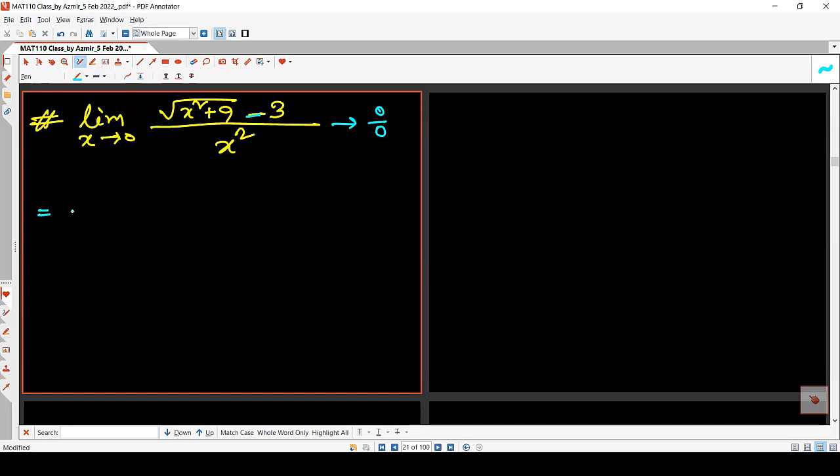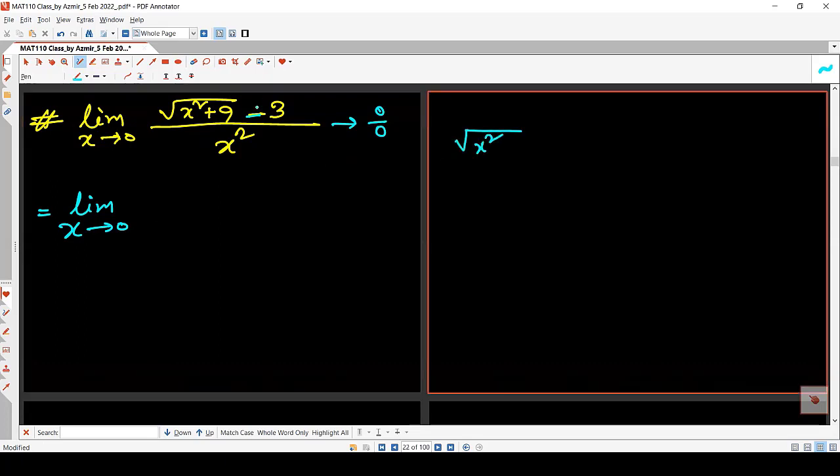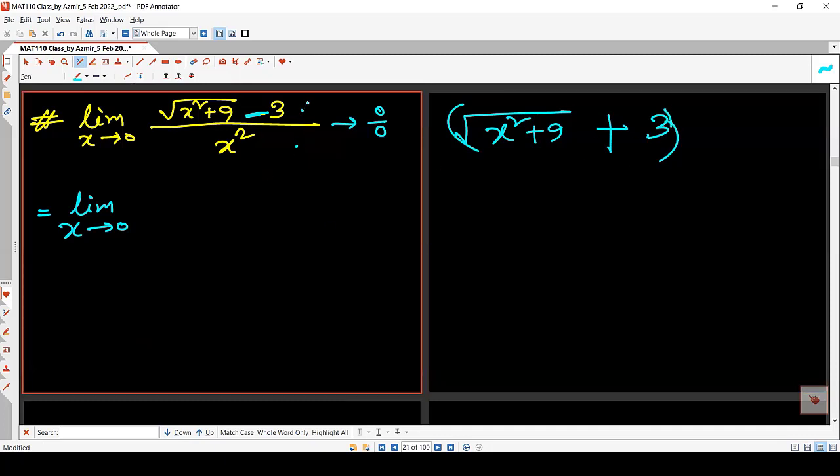So this can be solved if we use the opposite similar quantity. The opposite similar quantity of this one is square root of x squared plus 9 plus 3. Here we have negative, so we have to use positive. So this quantity should be multiplied both in numerator and in denominator.